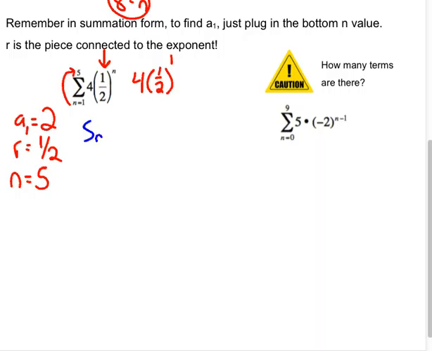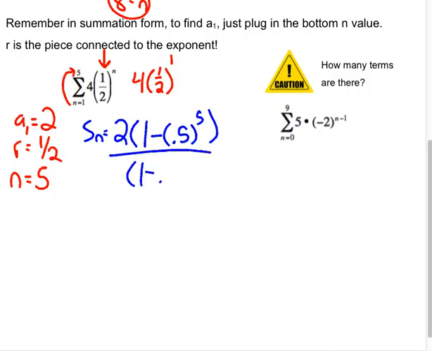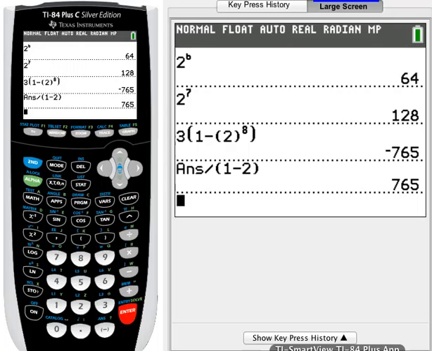Okay? So let's plug everything in. 2 times 1 minus 0.5 to the 5th power, all over 1 minus 0.5. Once you write it out like this, now just put it in the calculator for me.